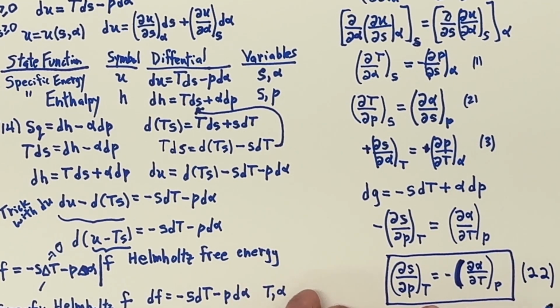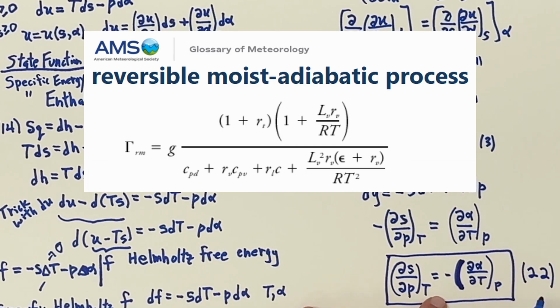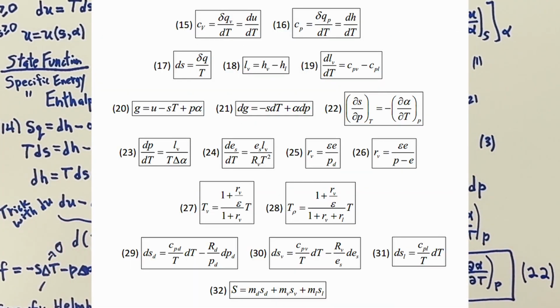So when we do this derivation of the moist adiabatic lapse rate, I'm going to be pulling these equations out of this section. And here's a list again. And I just want to make sure that everything is derived.